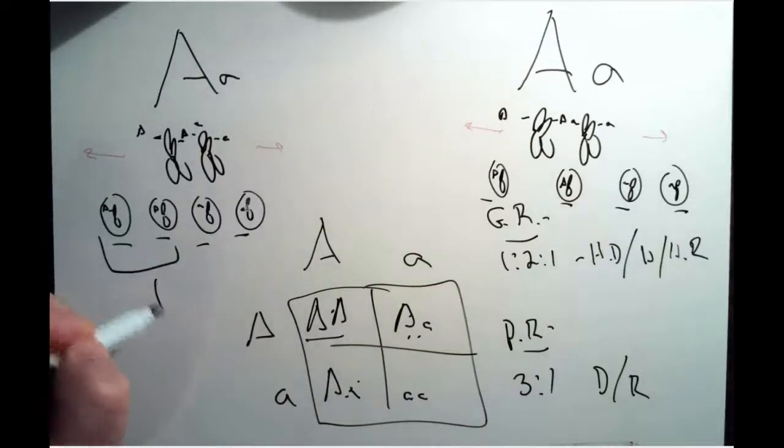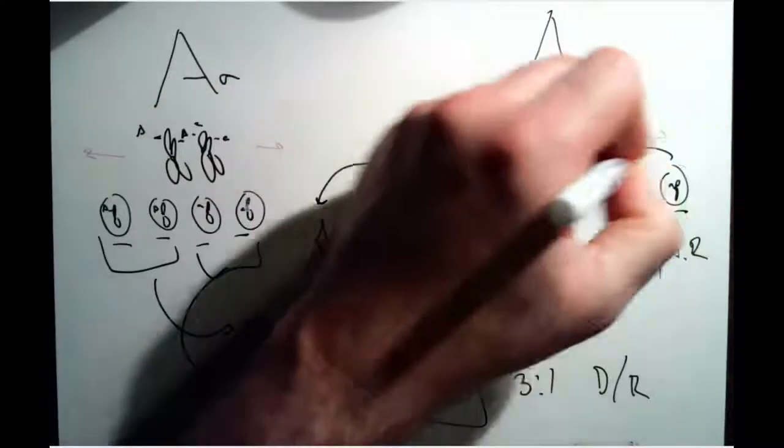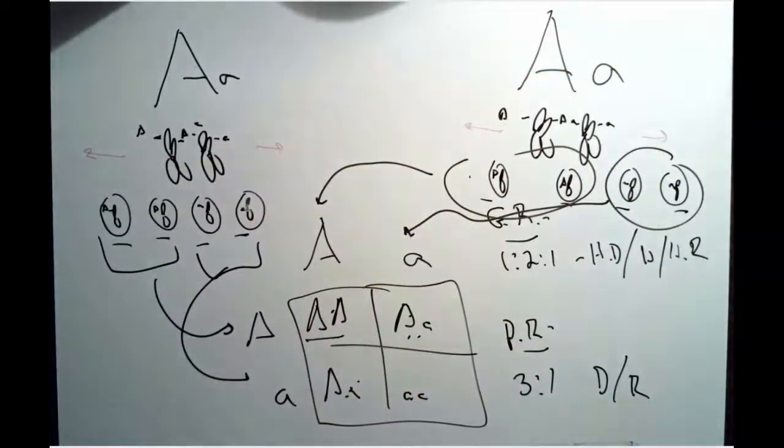That's why these Punnett squares work, because they represent that equal likelihood. All right. So what's going on in meiosis dictates the alleles that a parent can contribute in sexual reproduction, and that's what we're trying to track with Mendelian genetics.